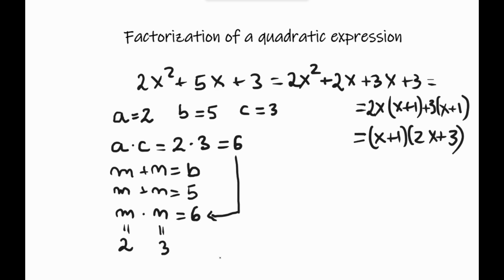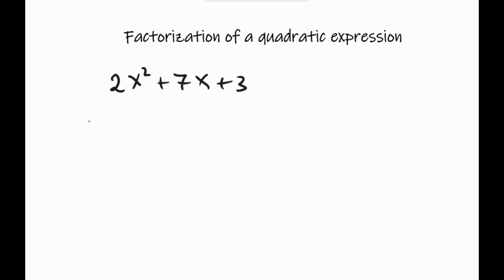Let's take a second example. First, we will identify the coefficients. A is 2, B is 7, C is 3. And we'll make the product of the first and the last coefficient, A and C. A times C will be 6.